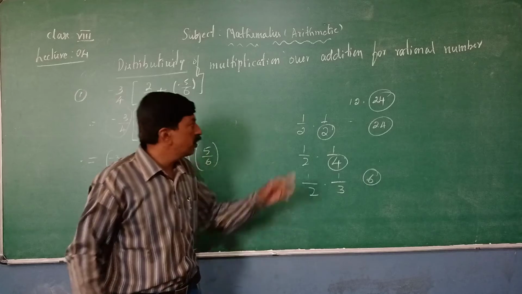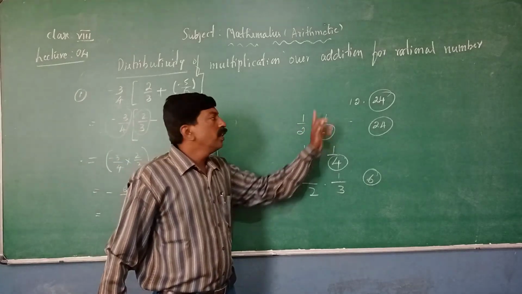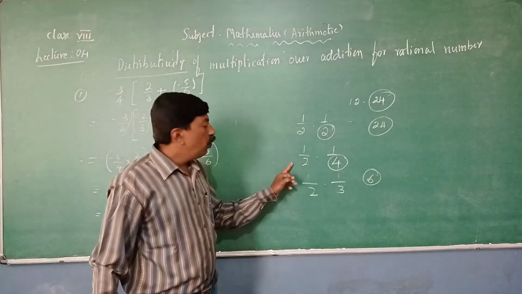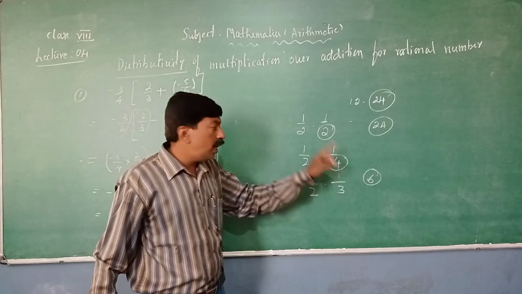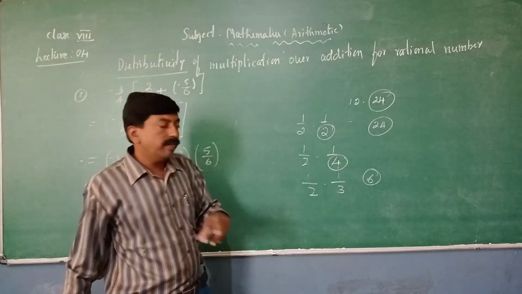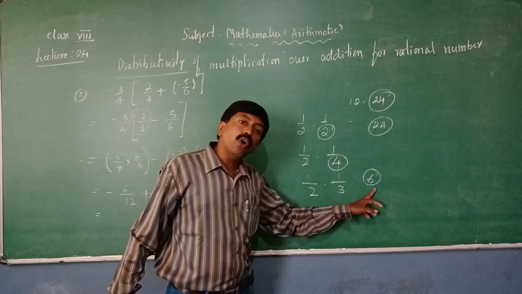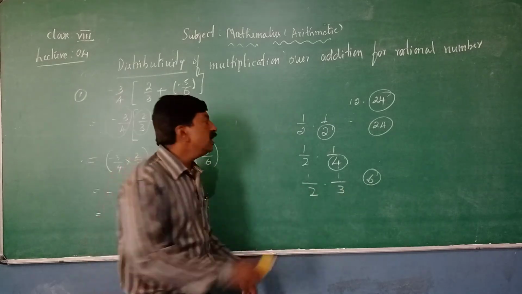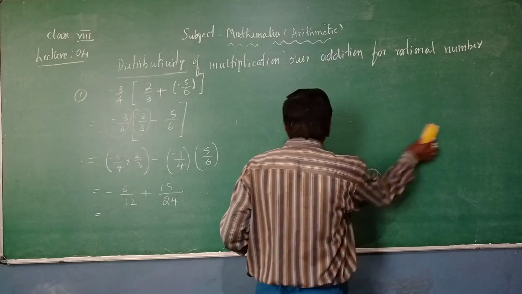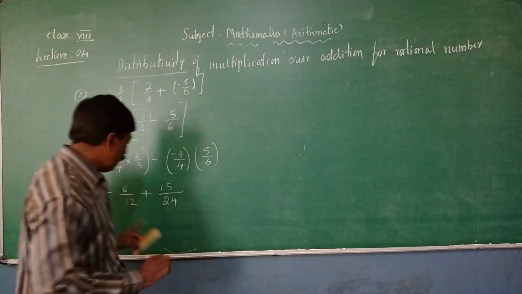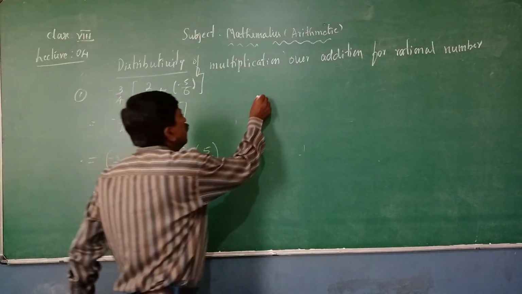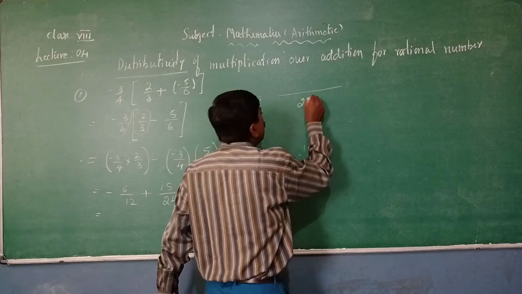Remember these 3 rules. Now here, what is the LCM of 12 and 24? That is 24.